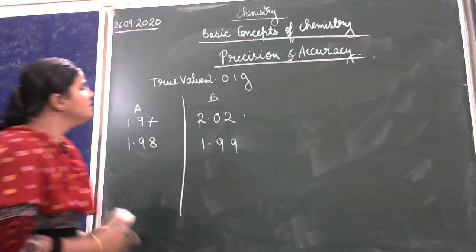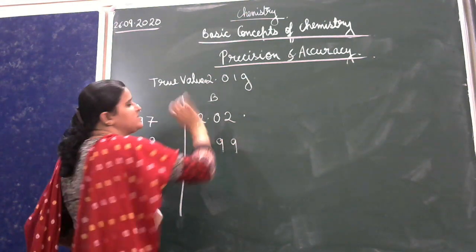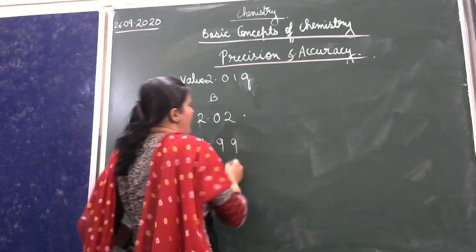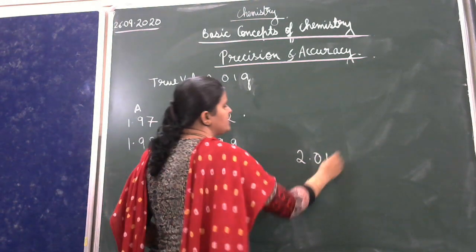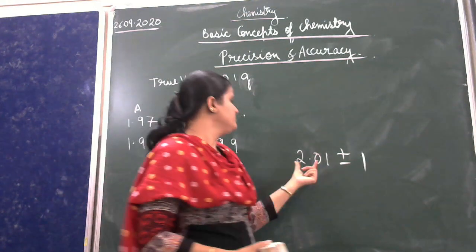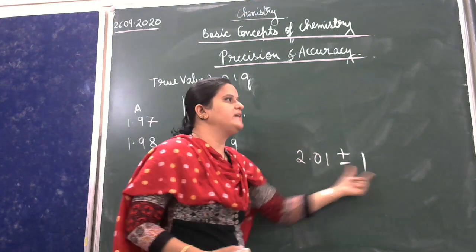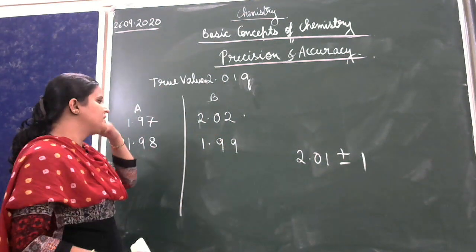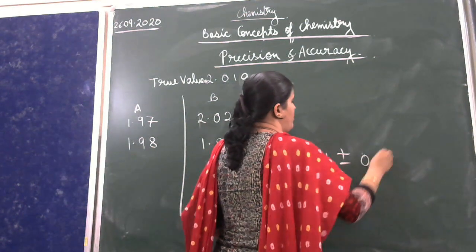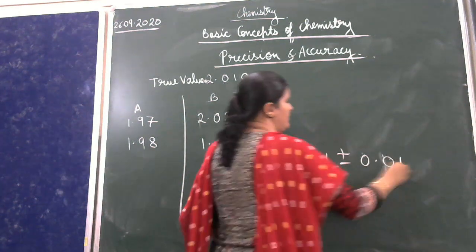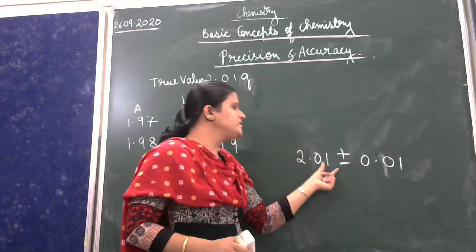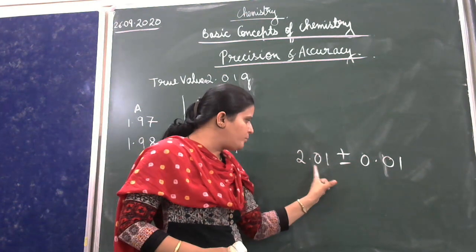Okay, so remember, the value which is given to you, this is the actual value. And your 2.01 plus minus, you can vary by plus or minus 0.01.